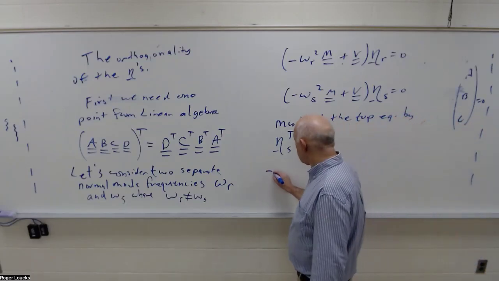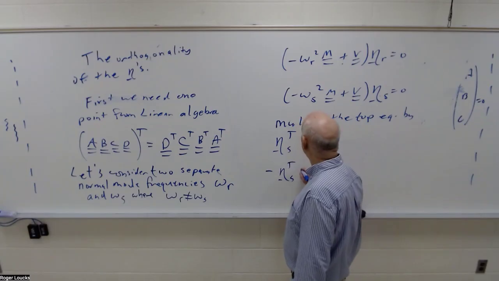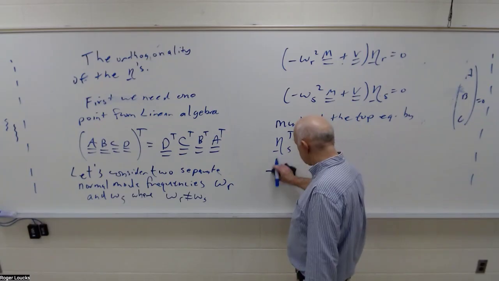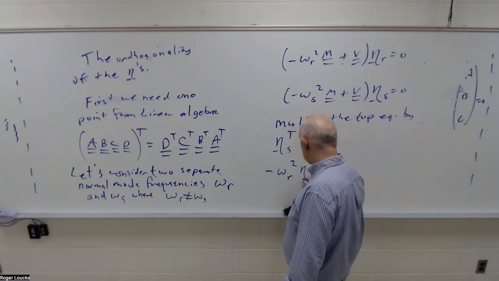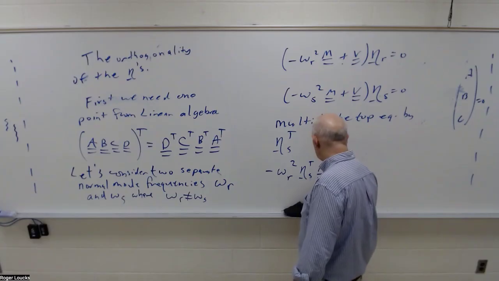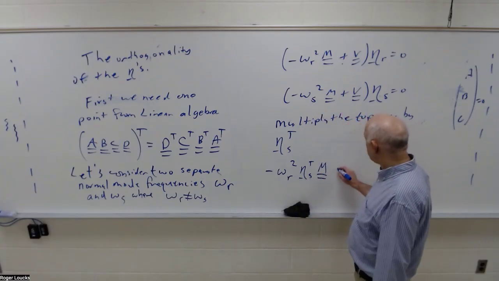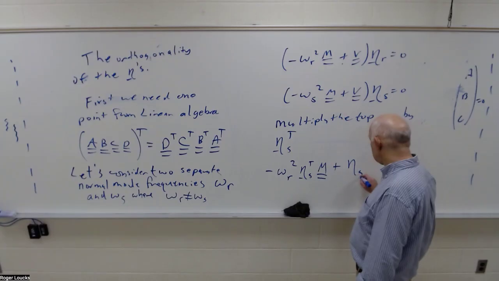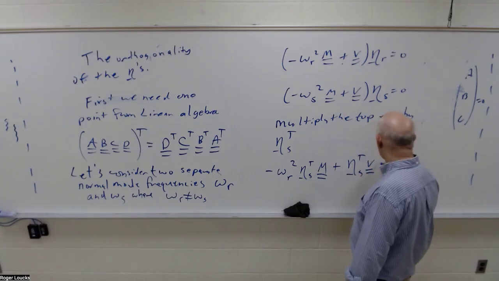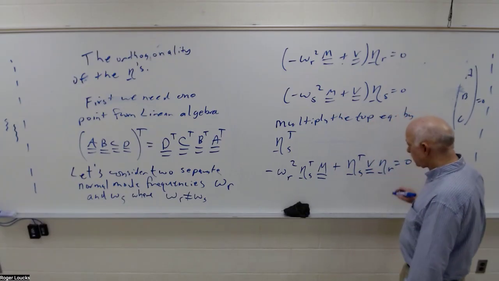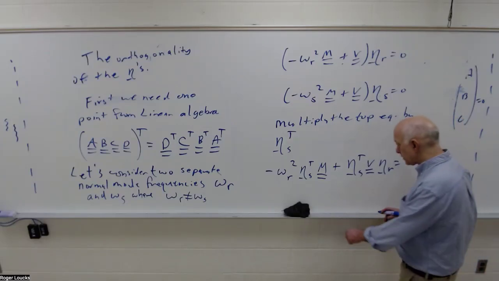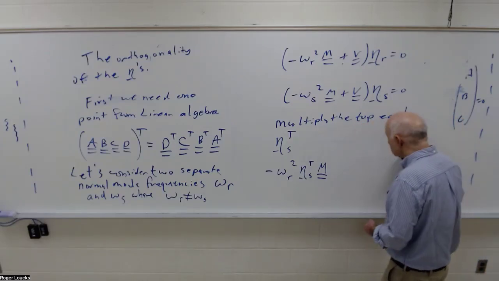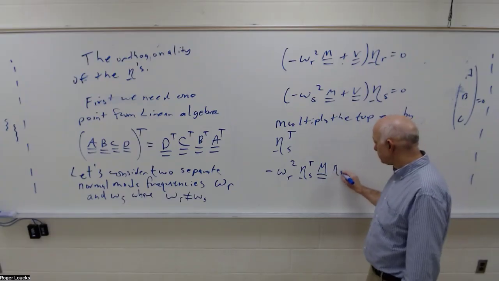I get minus omega r squared eta s transpose M double bar eta r plus eta s transpose V double bar eta r.